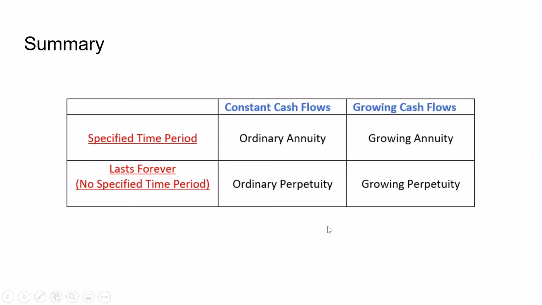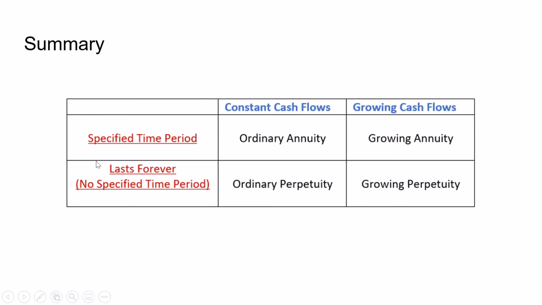This grid summarizes how to identify whether a question is an ordinary annuity, ordinary perpetuity, growing annuity, or a growing perpetuity. If the question has a specified time period or gives you a value for n, you know to look at the specified time period row, which is the top red underlined row. Now, if there are constant cash flows, we know that it's an ordinary annuity. If the cash flows grow over time, we know it's a growing annuity.